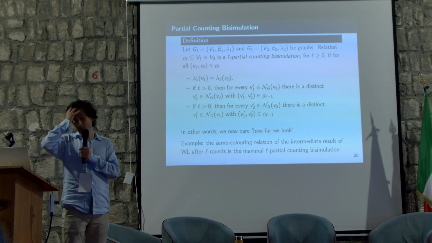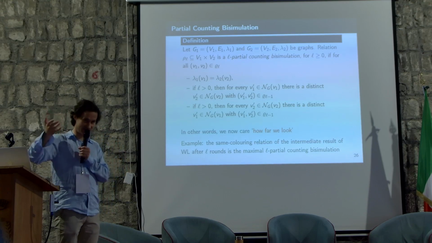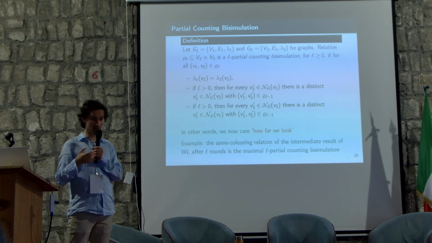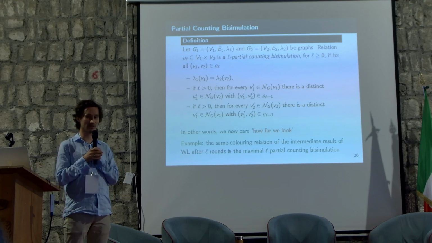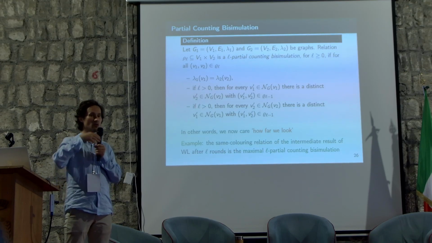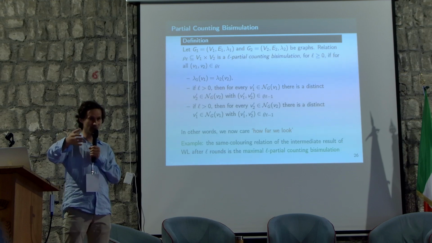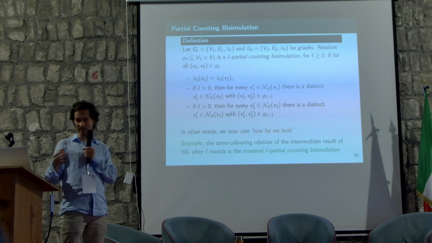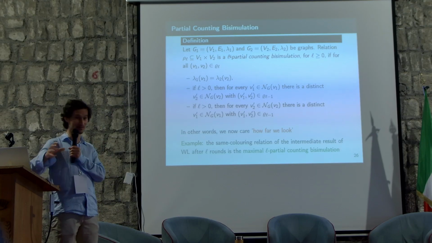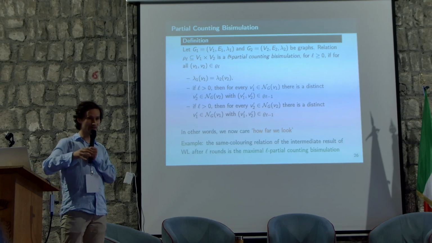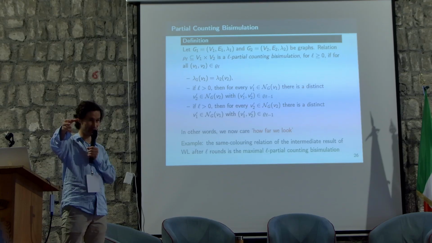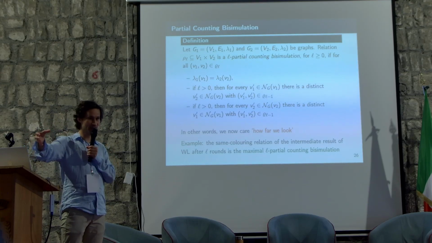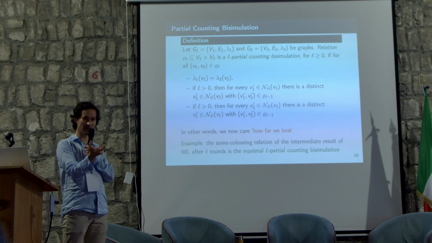Good. But actually what we really need are partial counting bisimulations. With counting bisimulation, we may look arbitrarily far, so we really need to find some kind of fixed point. While partial counting bisimulation is parameterized by some number L, the depth we look at. So zero partial counting bisimulation is just that the nodes have the same labels.